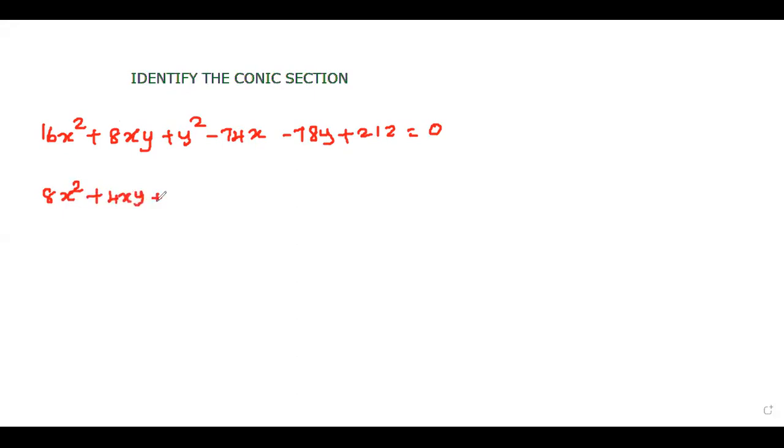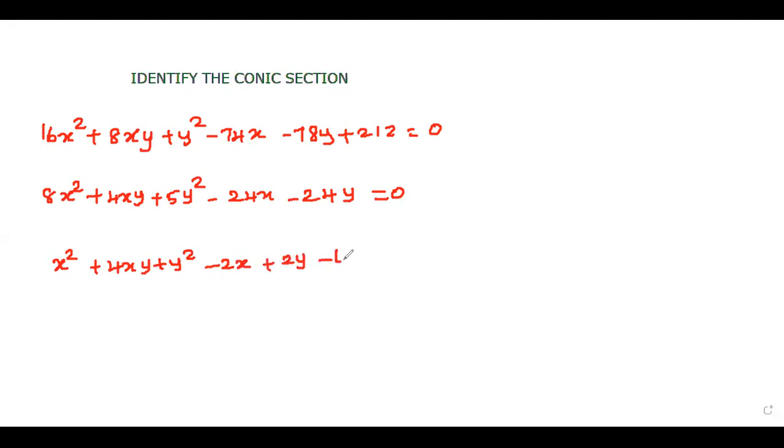Please note it down simultaneously. For y equals to 0, and x squared plus 4x plus 2x minus 6 equals to 0.